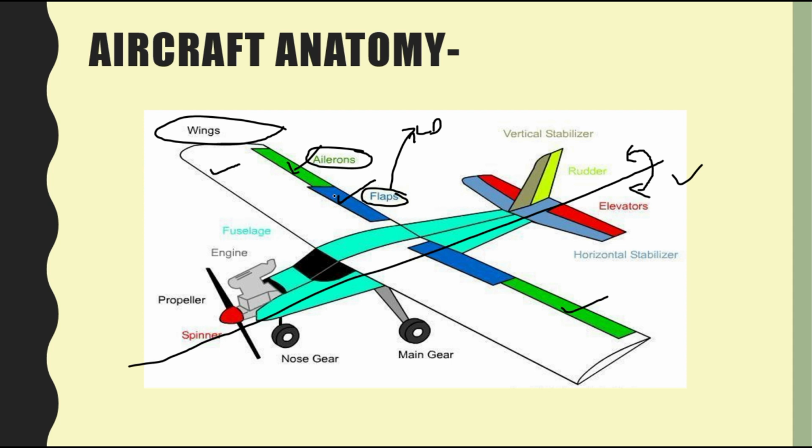We'll see them in detail when we talk about airfoil design, where we'll check what camber is and how flaps change the camber. For now, you can remember that flaps are lift generating devices. They can provide more lift to your aircraft.